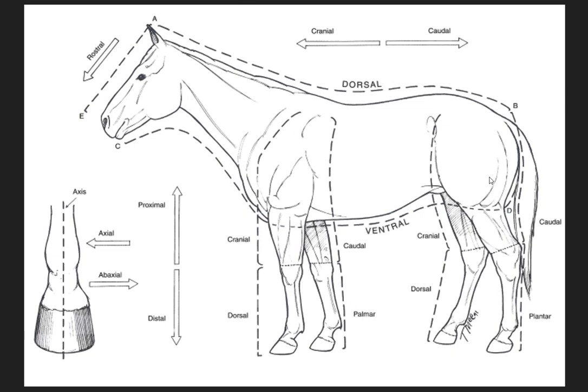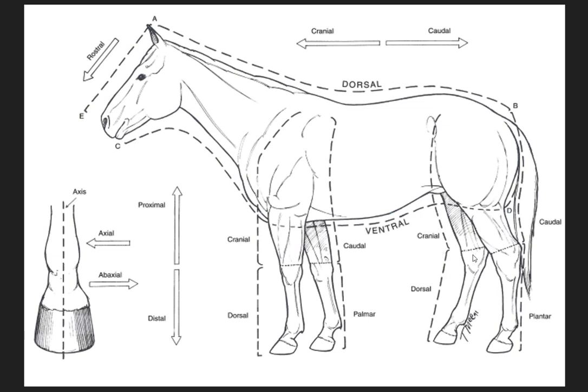In the hind limbs, there are some similarities. You still use cranial surface. For the cranial surface, you still use cranial. For the caudal surface, you still use caudal until you reach this joint that is called the tarsus or hock joint.